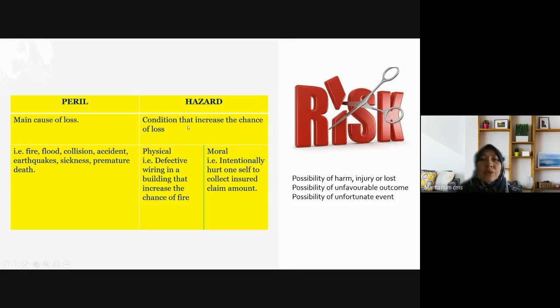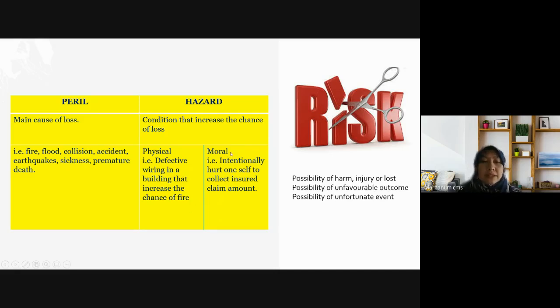So the company will investigate what the conditions are, what the real story is. Hazard can be divided into physical hazard and moral hazard. Physical hazard is a condition that we can see that brings loss, like defective wiring in a building that increases the chance of fire.